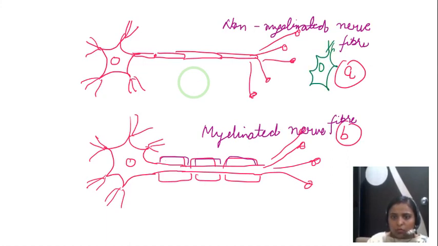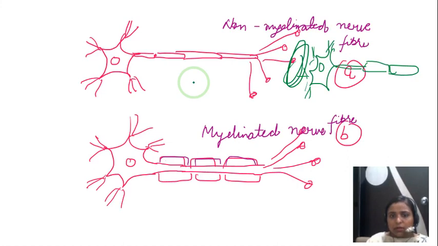This neuron will send its impulses to the next neuron for the further transmission of impulse, and for the transmission you require a neurotransmitter here in the synapse, right? And the neurotransmitter is released by these nerve endings only.